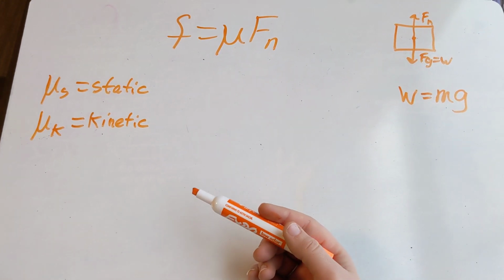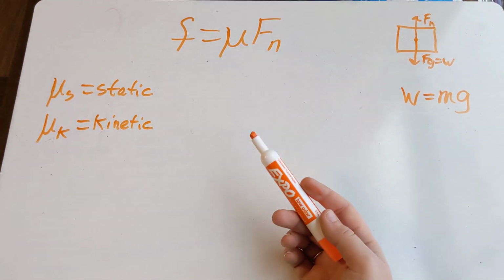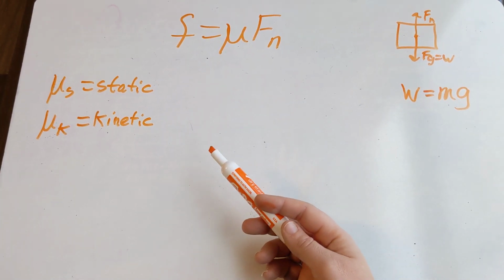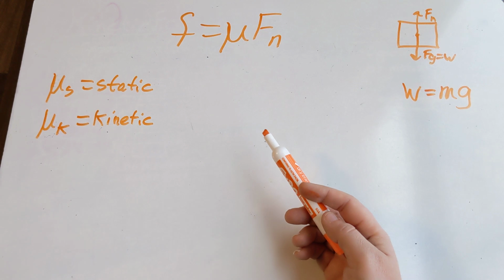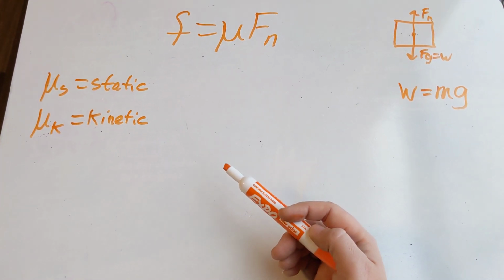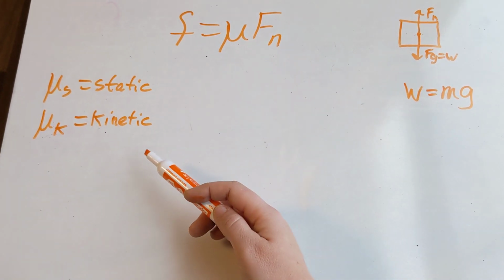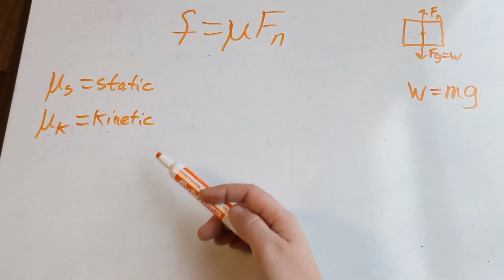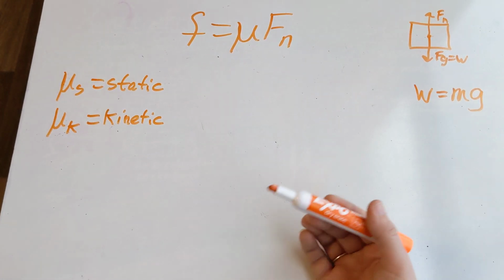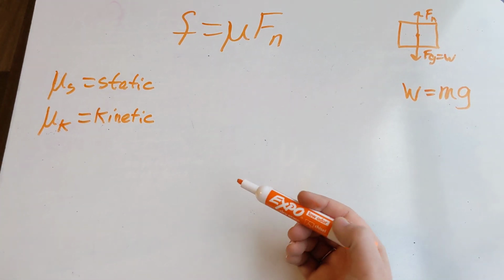Versus if they're asking, what is the friction force that's slowing down the object and causing a block that's sliding across a surface to stop? That would be kinetic friction because it's already moving, and that's slowing it down, creating a net force that causes it to decelerate.